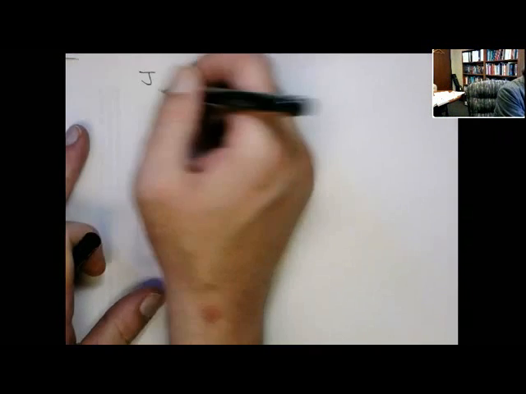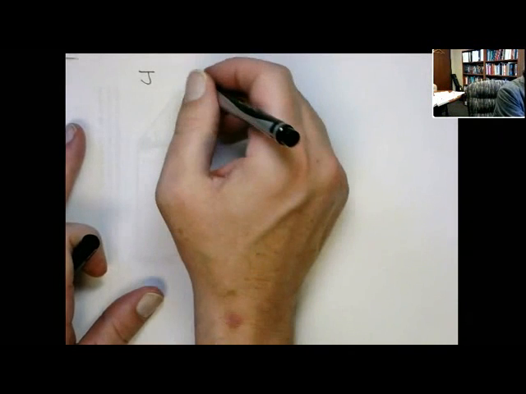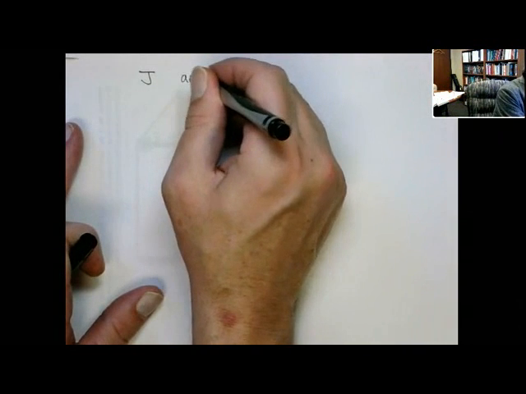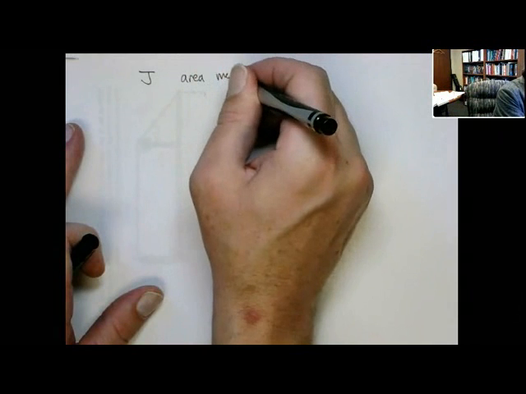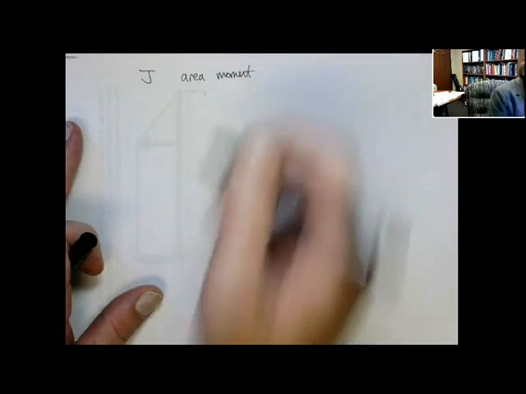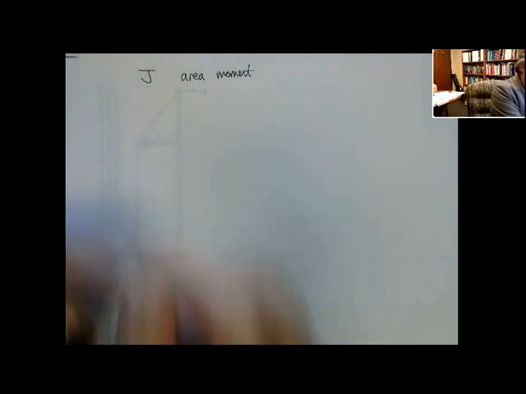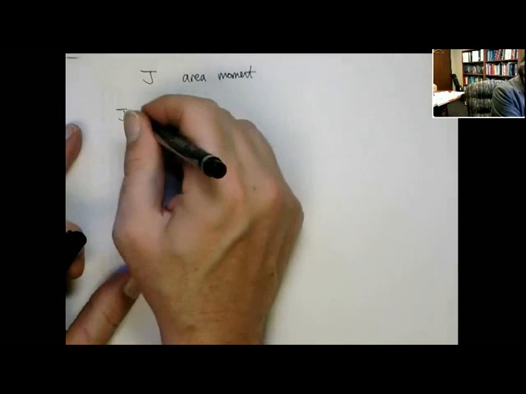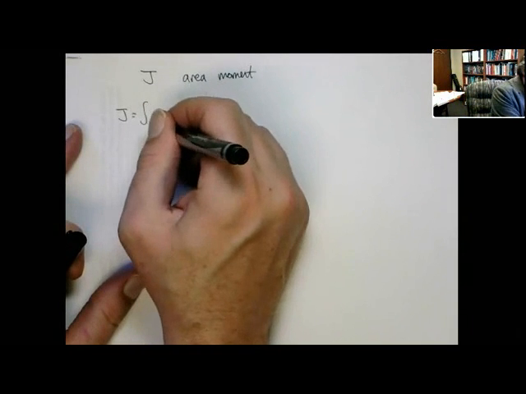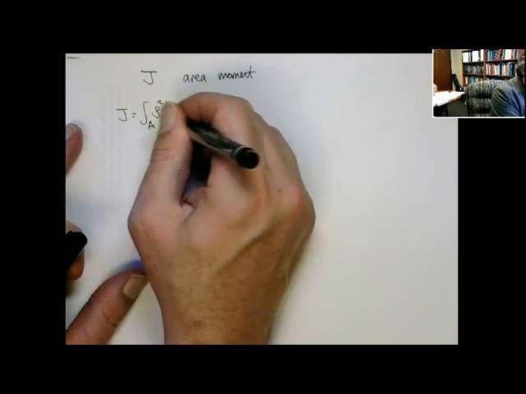But let me just review some of that stuff. Let's just talk about J, and in general, really these area moments. These are these integrals. They're going to pop up a lot in this class. J, remember, is the second polar area. So J is the integral over the cross-sectional area of the radius squared.